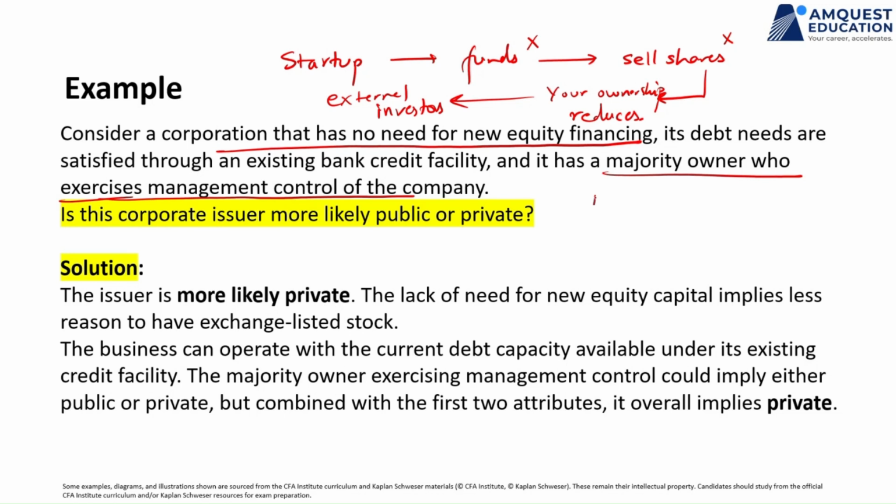So if you don't need funds, you don't want to lose control. Simple. In these two cases, you don't sell your shares and you stay a privately held business, not a publicly held business. So that is, I think, what is implied through this paragraph.